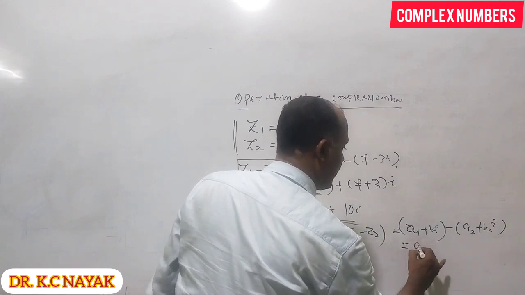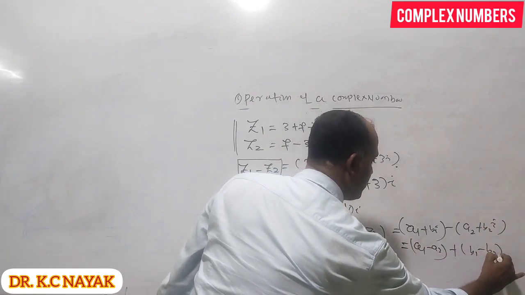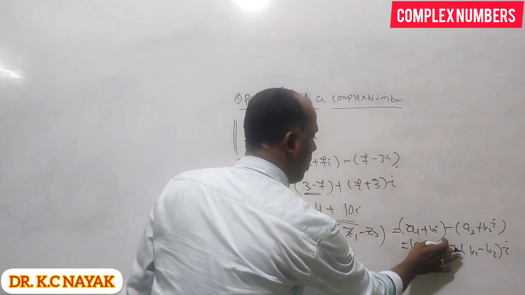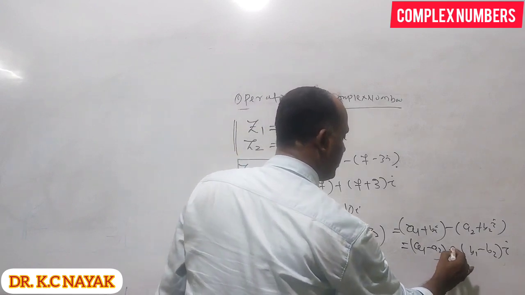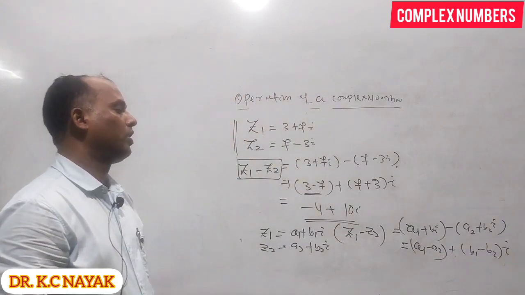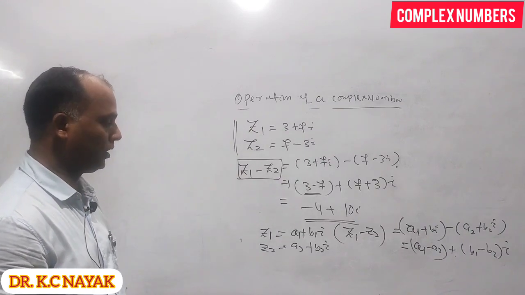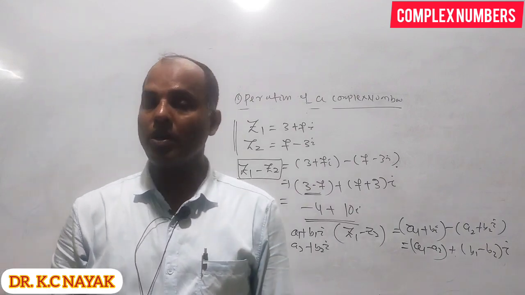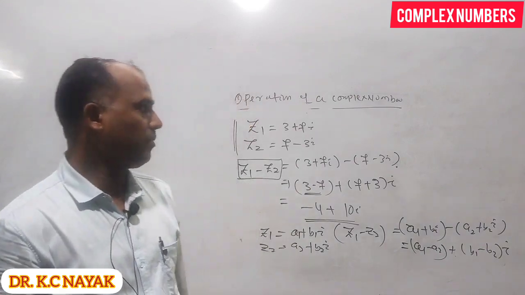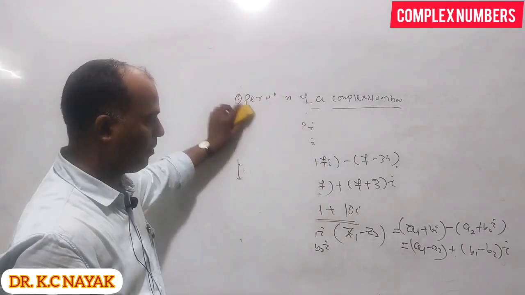That is why a1 minus a2 plus b1 minus b2 of i. That is the concept of the subtraction of two complex numbers. Remember, the subtraction of two complex numbers is also a complex number. That completes the subtraction of two complex numbers.